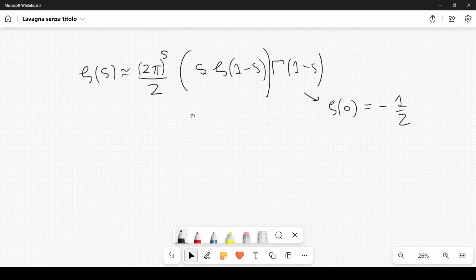Now I want to calculate the derivative near the point s equal to 0. So we want to evaluate zeta prime of 0, but in order to do that, let's calculate the derivative from this expression.